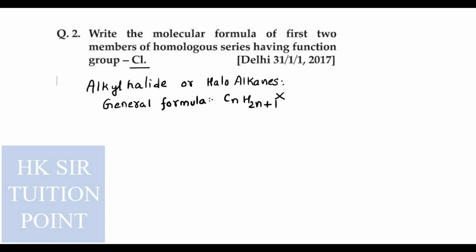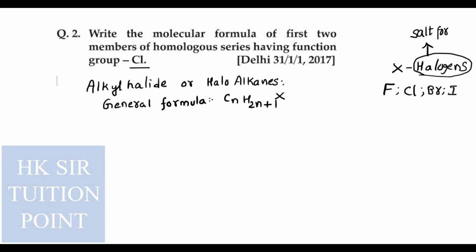What is meant by X here? X is said to be a halogen, which means fluorine, chlorine, bromine, and iodine. Why are these said to be halogens? Because the meaning of the word halogen is salt forming.